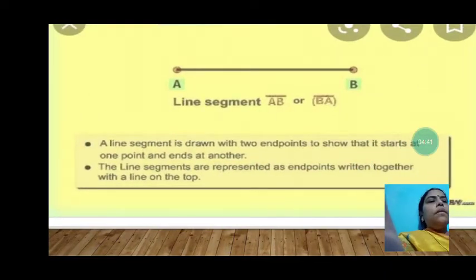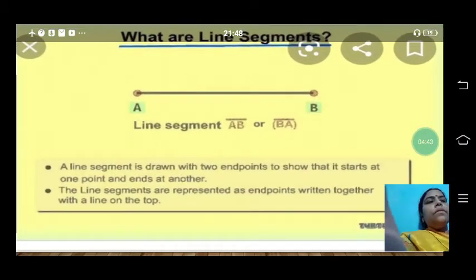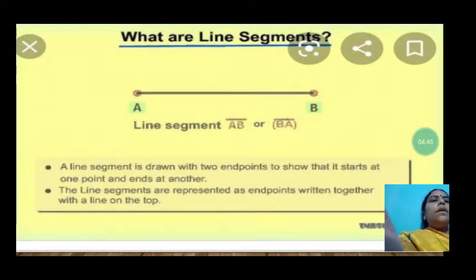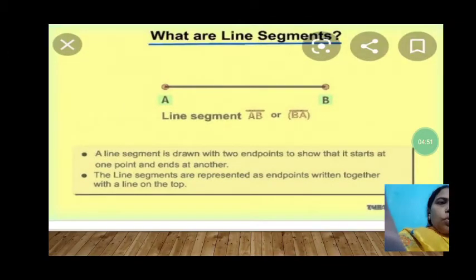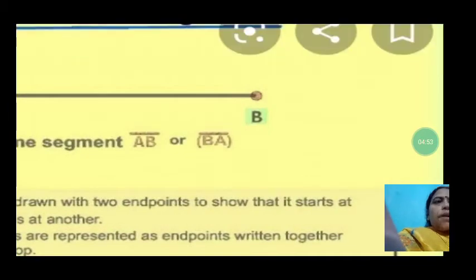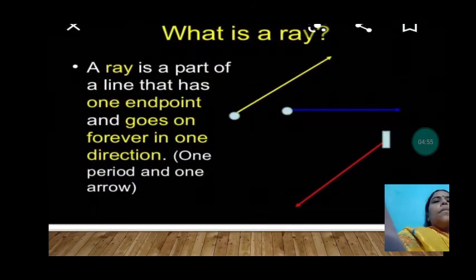Then the next one we are going to deal with is the ray. Now we are going to learn what a ray is. A ray is a part of a line that has one end point and goes on forever in one direction.